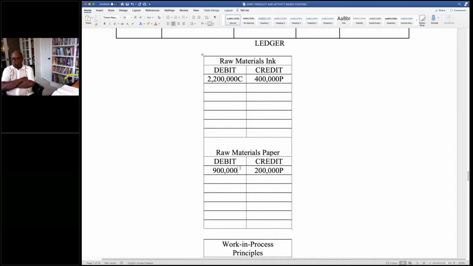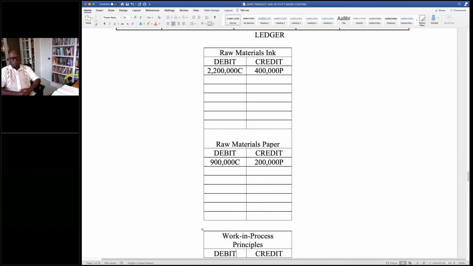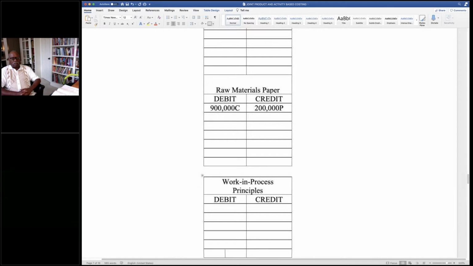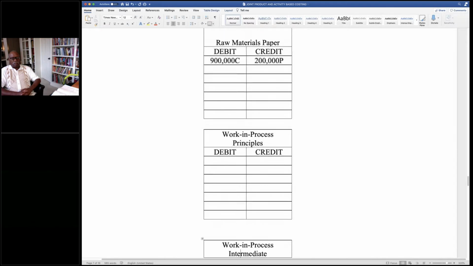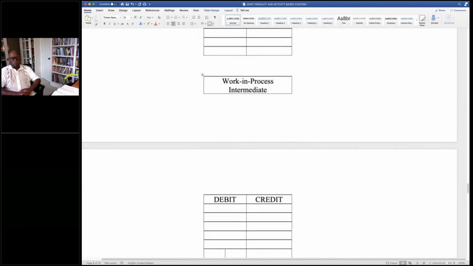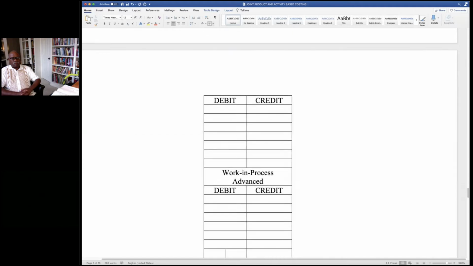Okay, so the next entry that we need to make, we covered the raw materials for both. And now we need to cover the manufacturing overhead that we did for the company. So we're going to scroll down to manufacturing overhead. There's no T chart for cash because it's not relevant for these statements.